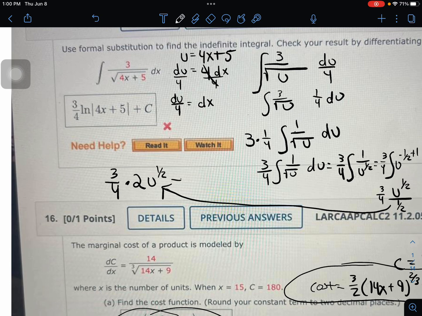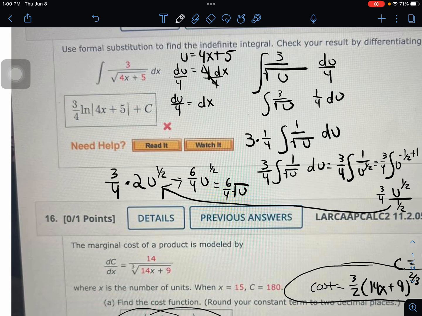And that's going to be equal to 3/4 times 2 is 6/4. So that's going to be 6/4 u to the 1/2, which is going to be equal to 6/4 square root of u. Because remember, we just said if you bring anything to the 1/2 power, it's like taking the square root.